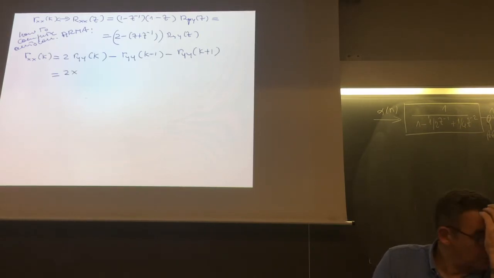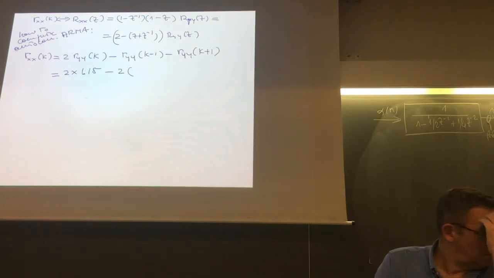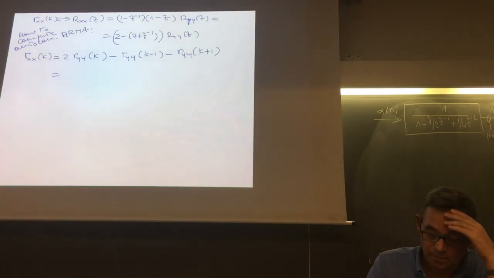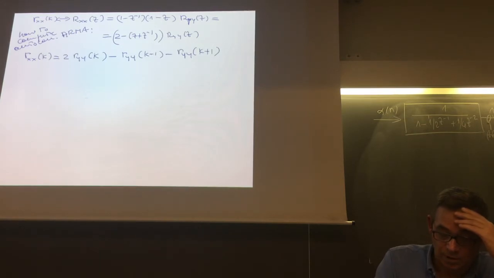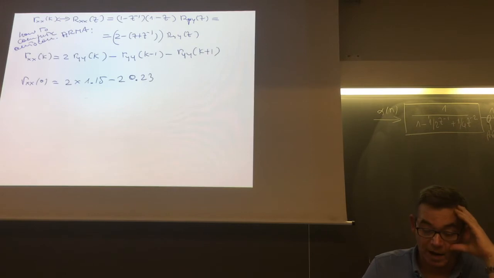So Rxx(0) is equal to 2 times 1.15 minus 2 times 0.23, the numerical values.